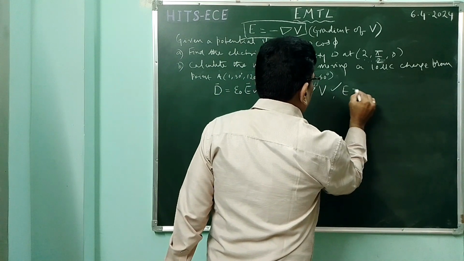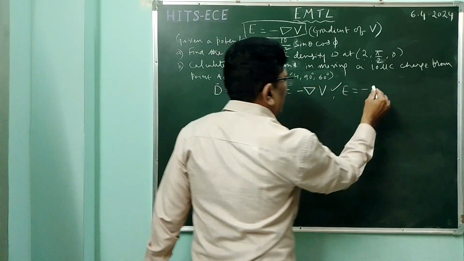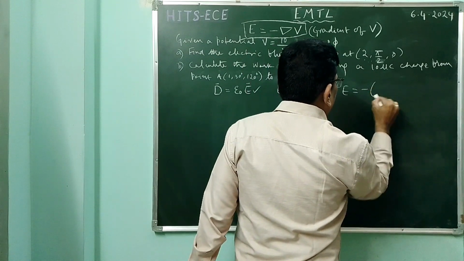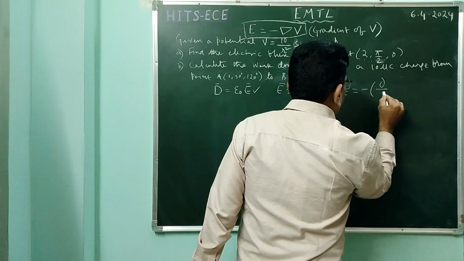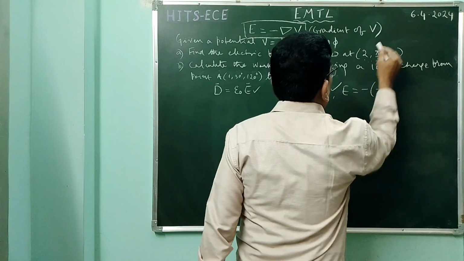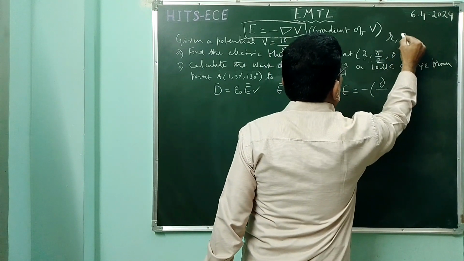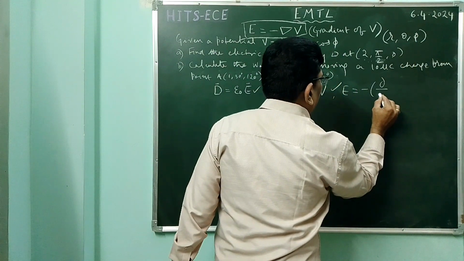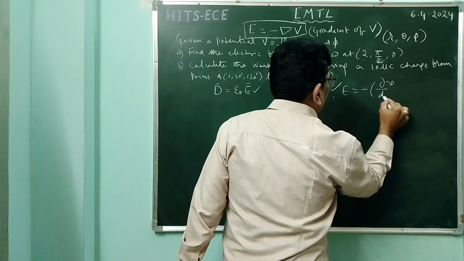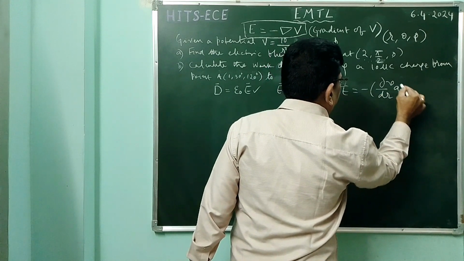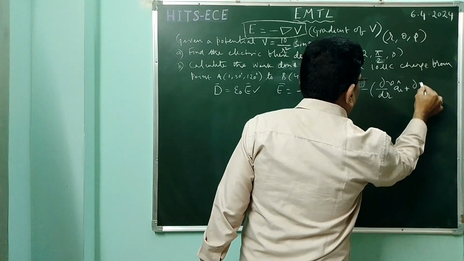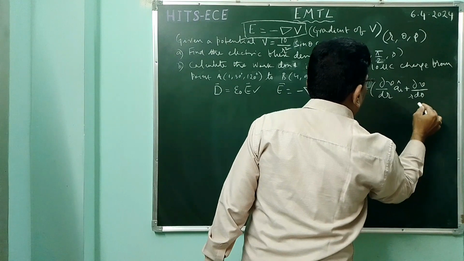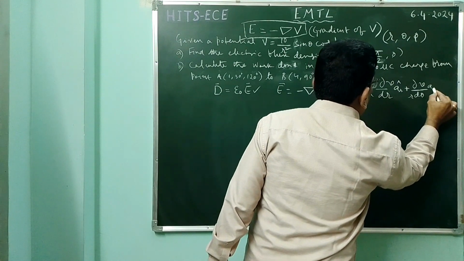E is equal to minus, what is del in spherical coordinates? In spherical coordinates, the variables are r, theta and phi. The differential length: dV by dr ar cap, plus dV by r d theta, that is differential length r d theta, into a theta cap.